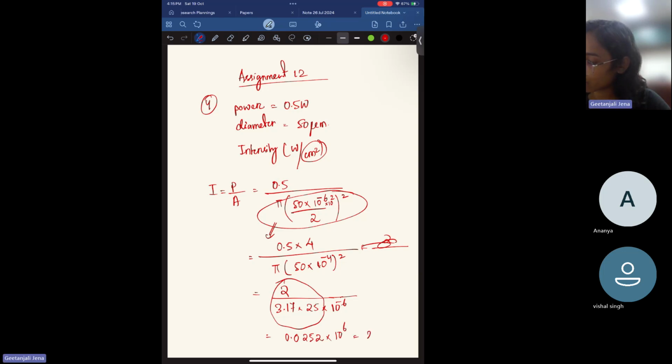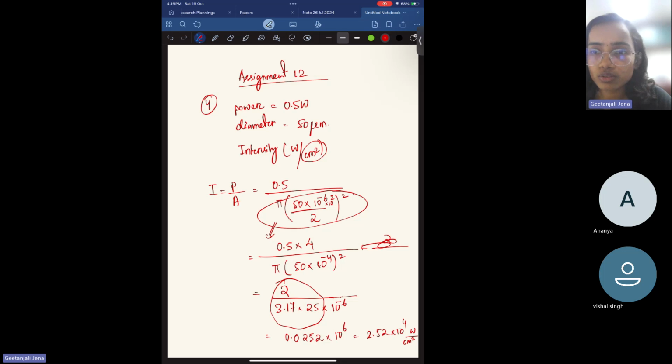So this will be 2.52 into 10 to the power 4 watt per centimeter square. Okay, got it. So this thing is clear.